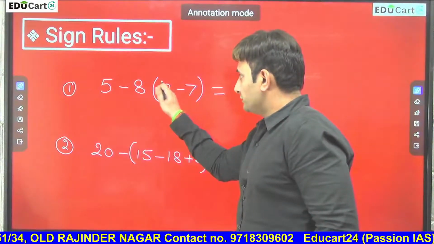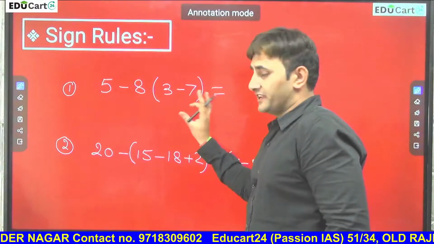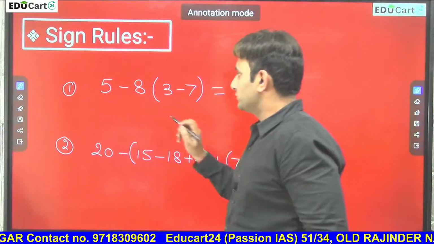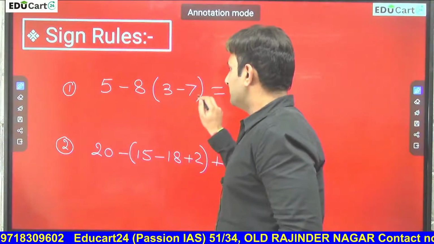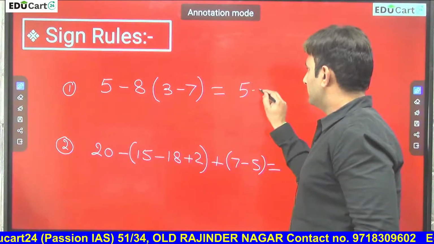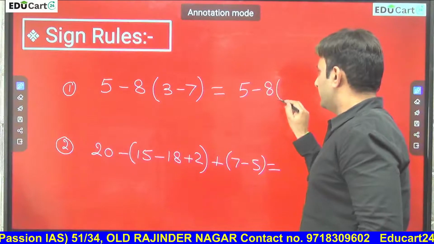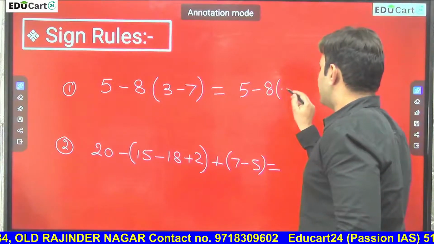First we have to solve the terms within the parenthesis, or I can say bracket के अंदर वाली values को हमें solve करना my dear. So 3 into minus 7, it is minus 21. So 5 minus 8 into, this part will be how much? Minus 4.